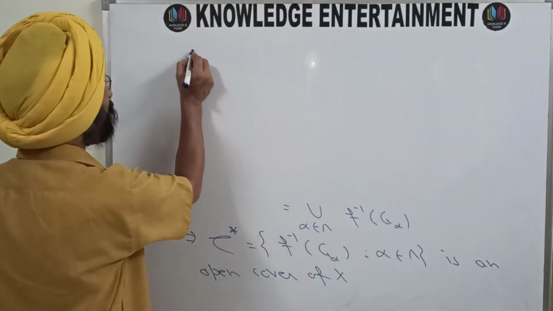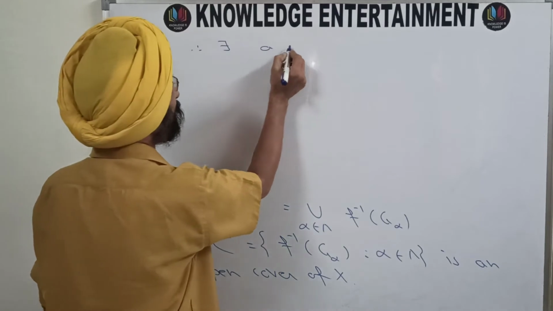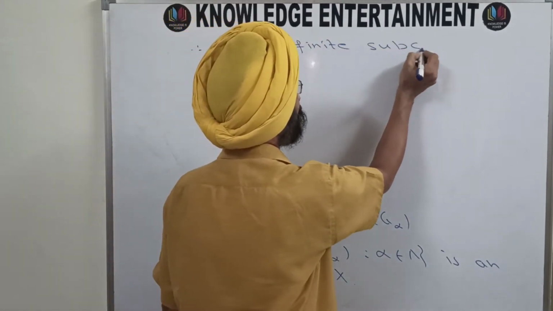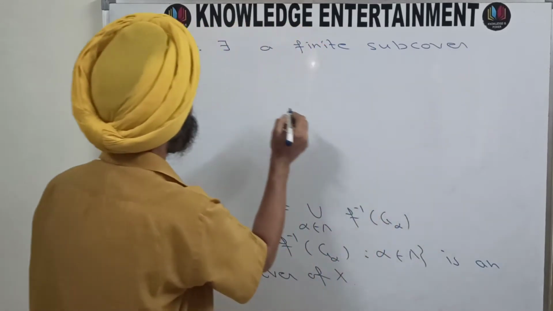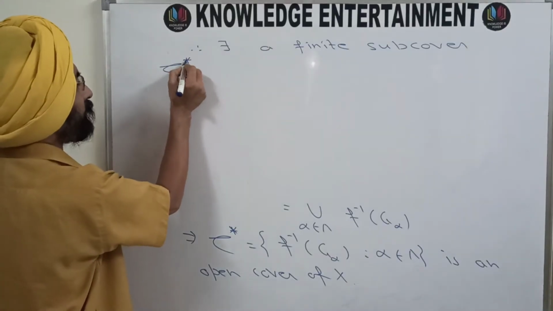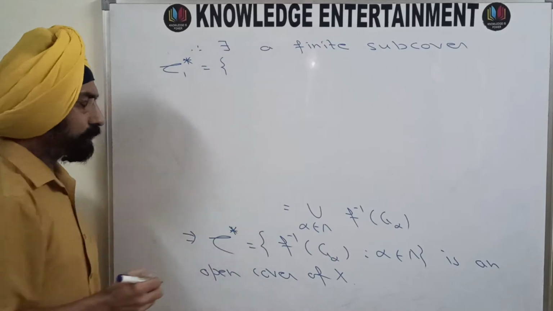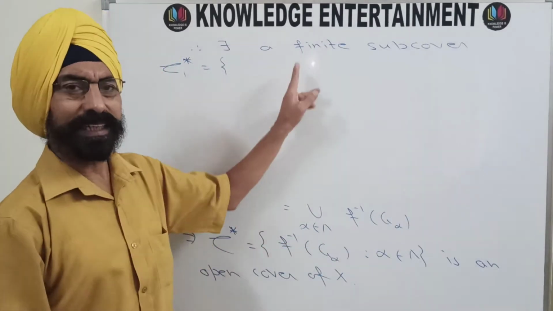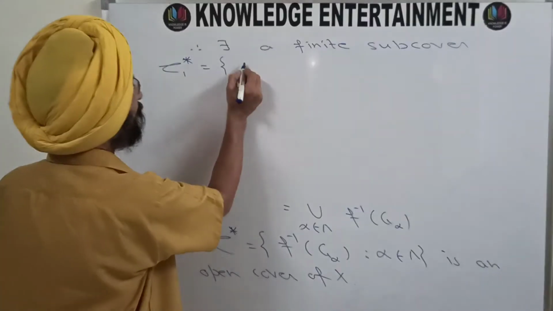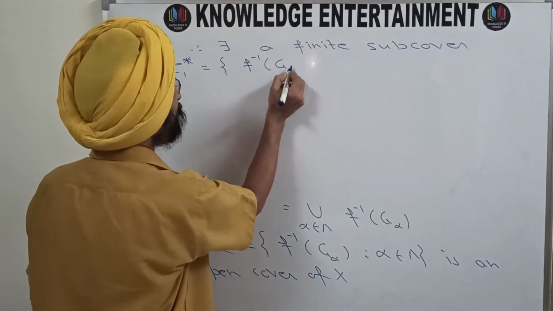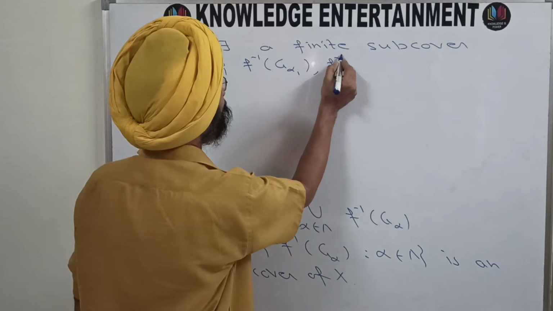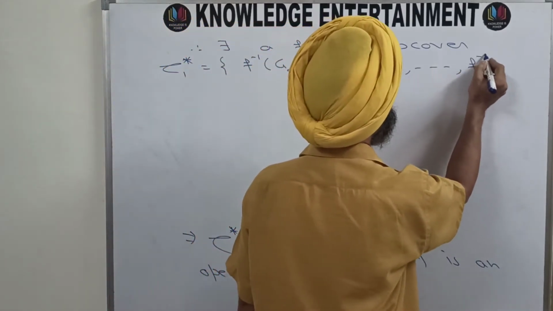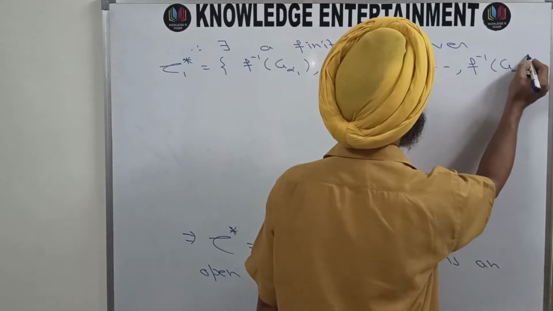So therefore there exists a finite subcover, C1 star you can say, and members will be from this set. So these are f inverse G_α. In the finite subcover, you can name these as f inverse G_α1, f inverse G_α2, and so on, f inverse G_αn.